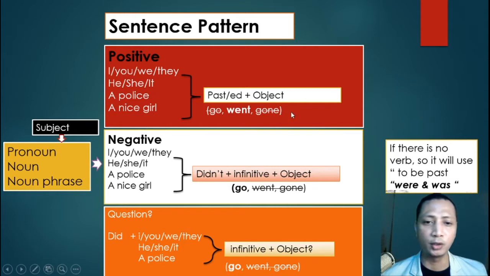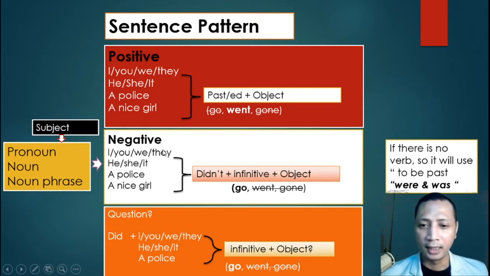I suggest that you memorize those three changes for every single word. So for the past we use went as the word here. It means past or verb 2.